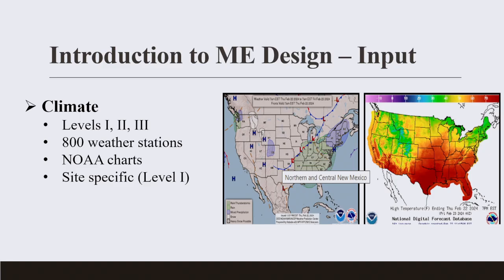Then they have the climate level data. As I said, you can have the site-specific one. They have scattered meteo stations around, but for pavement data collection, yesterday I talked about even pavement temperature and all those things.